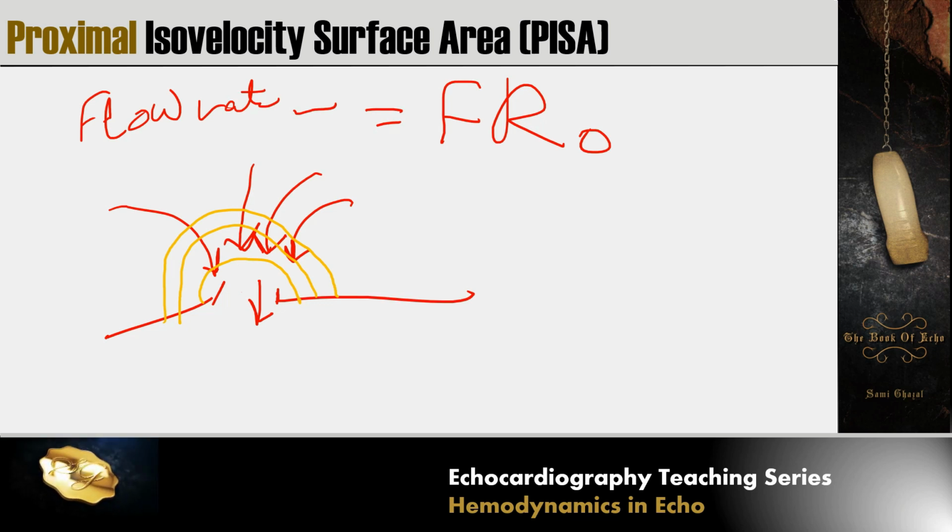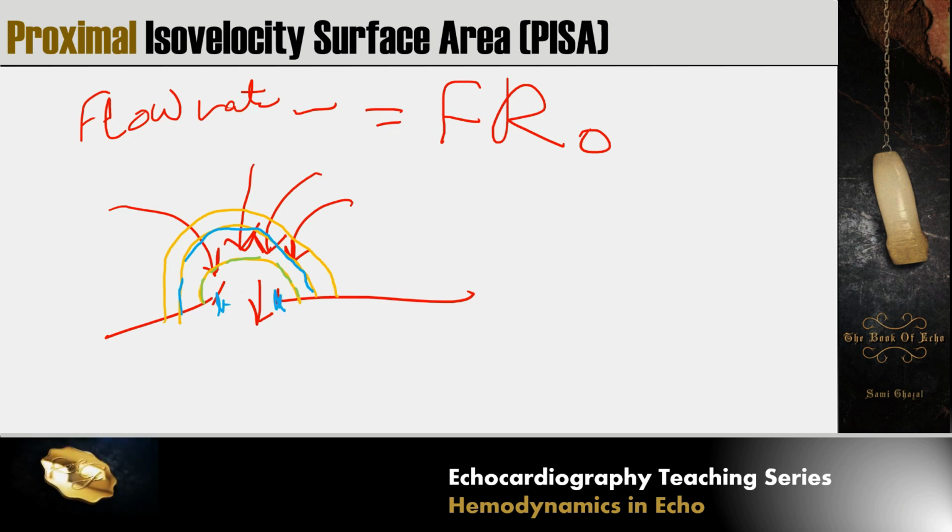And the velocity on the surface of the hemisphere is constant. So the velocity here equals here, equals here, anywhere on the hemisphere. And the closer we come to the orifice, the higher the velocity. So we have higher velocity here, and lower velocity when we go away from that orifice. Now we can utilize this as a continuity equation to calculate this orifice area.